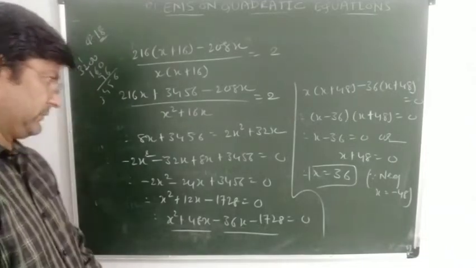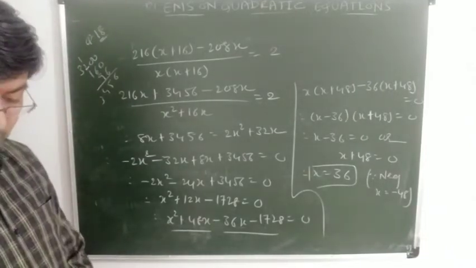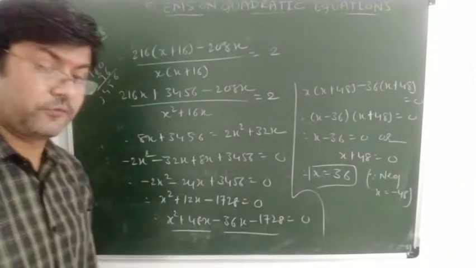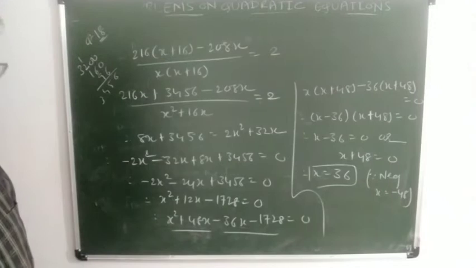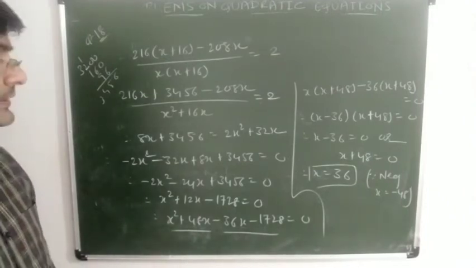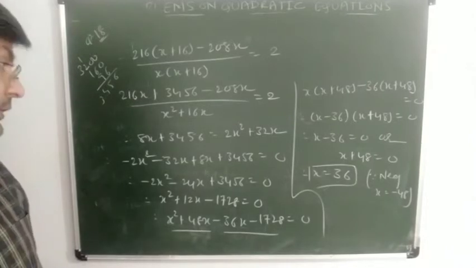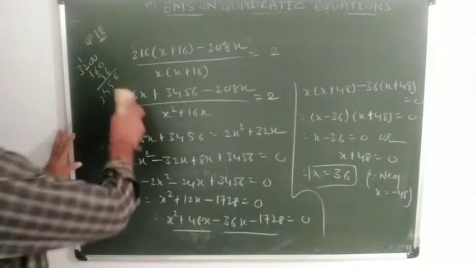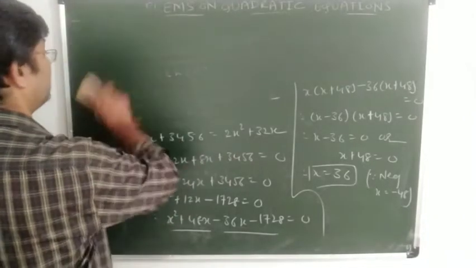Okay, so we have got the value of x, and we have to find the speed of train. So speed of train is x plus 16, so obviously it is 36 plus 16, 52 kilometers per hour. So we'll write down one last statement over here.